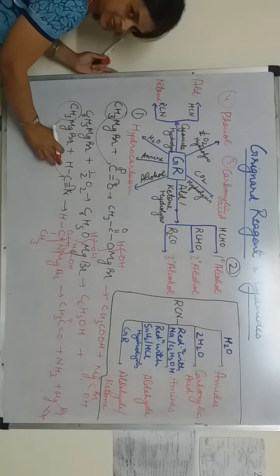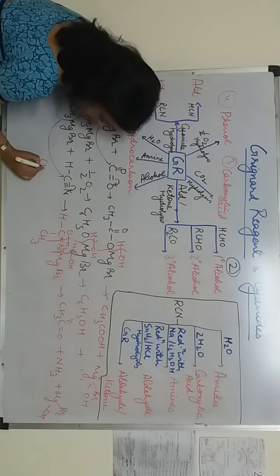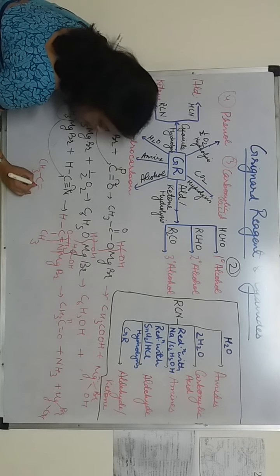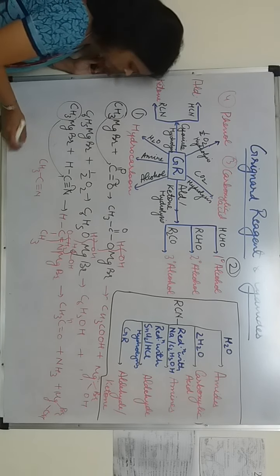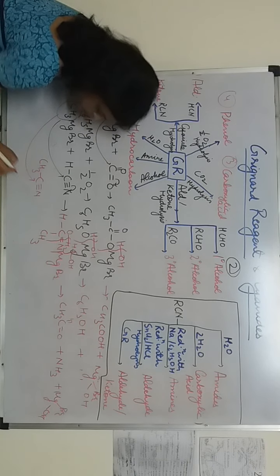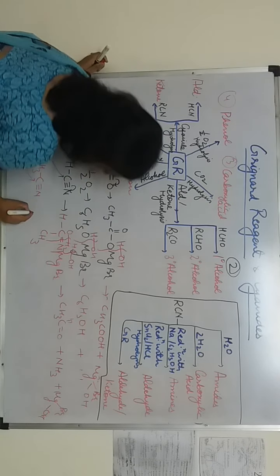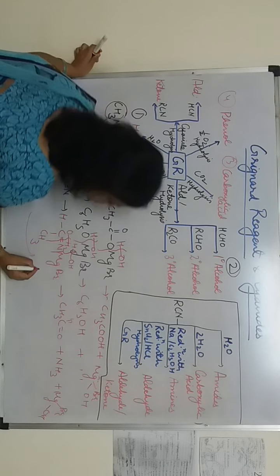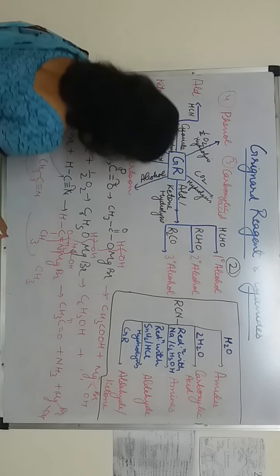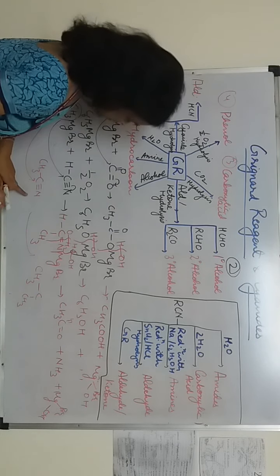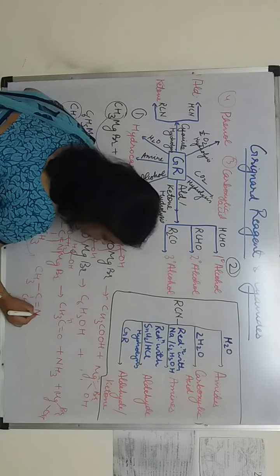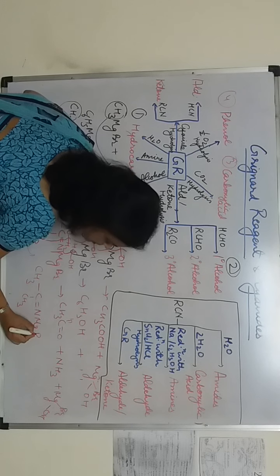Now instead of this H, suppose you are having CH3CN. The same pattern of the reaction will be followed. This alkyl will get attached to this carbon and we will get the structure: CH3 over here, CH3 over here, then double bond NMgBr.